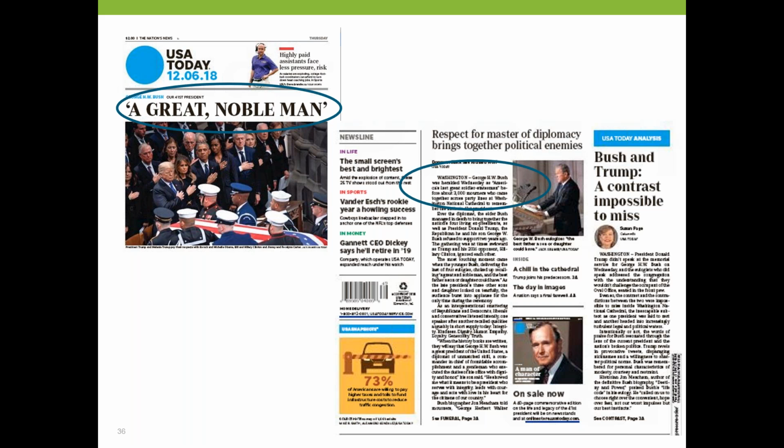Then I take a look at the very first paragraph of the article to get a general idea about what this is all about and try to get a main idea. I don't want to deal in depth here, but I can read that first little paragraph. And it talks about George H.W. Bush was heralded Wednesday as America's last great soldier statesman. And so I can begin to get that little bit of understanding.